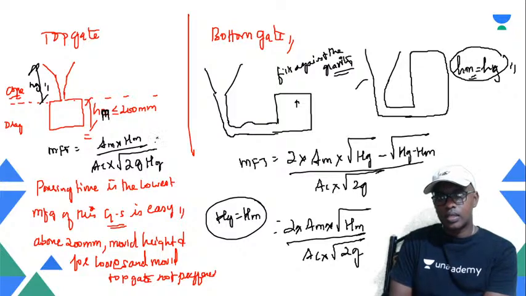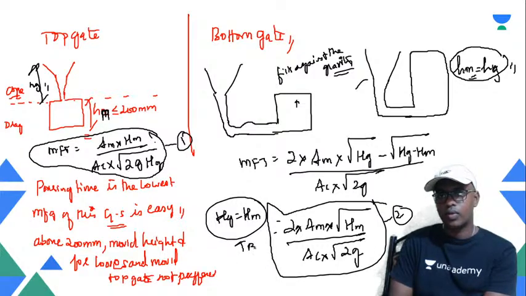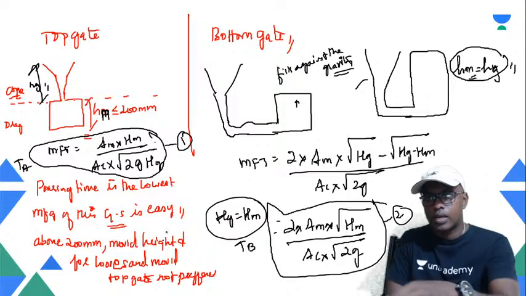Okay, this we will talk about now. First case, this is our second case, the mold filling time in the bottom gating system, T of B, and this is T of A. Okay, let's bring T of A to a conclusion.